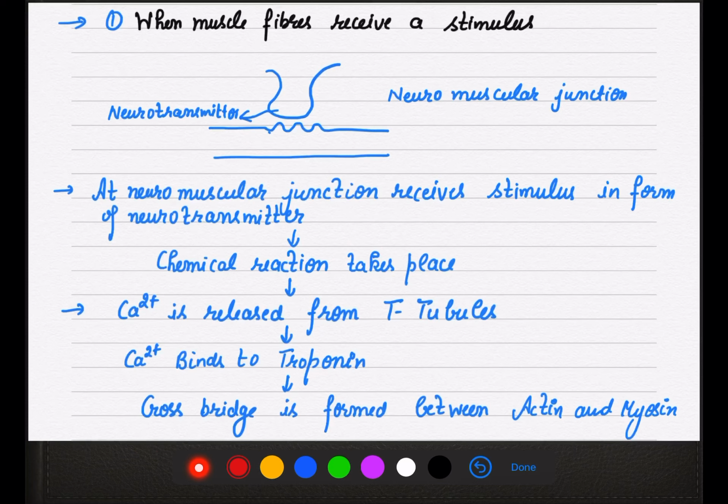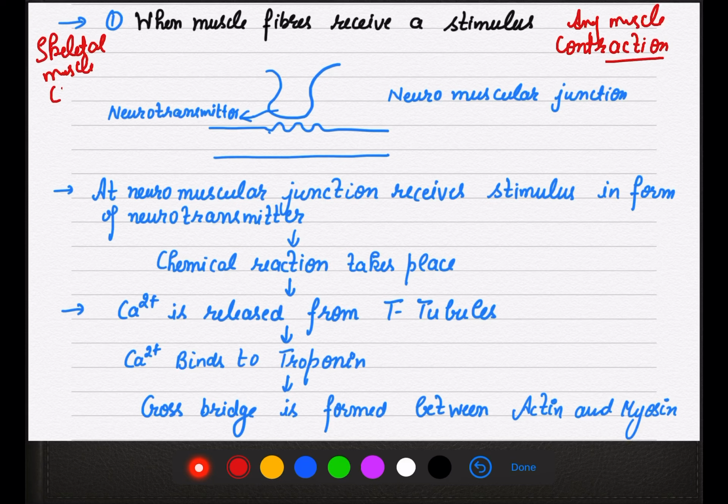So how does this start? Any muscle contraction starts when it receives a signal. And you are very confident that our skeletal muscles are under the control of the CNS.